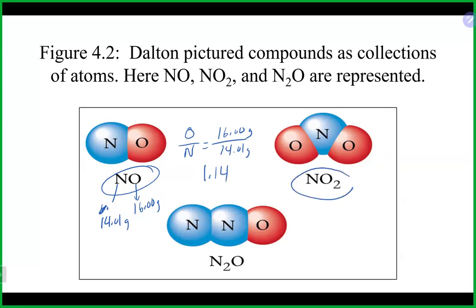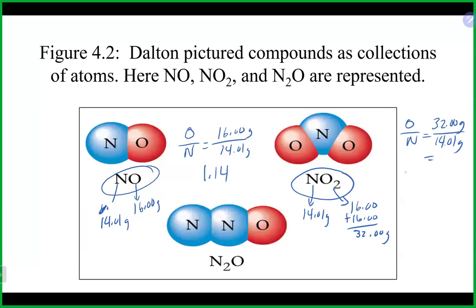Now here we have an extra oxygen in this one, and this guy would still be 14 grams. Each of these oxygens would be 16, and there's two of them, which would give you 32 grams. And if you take the ratio of oxygen to nitrogen here, you got 32 grams divided by 14.01 grams.